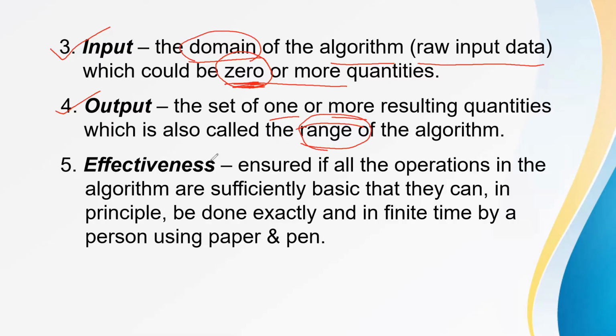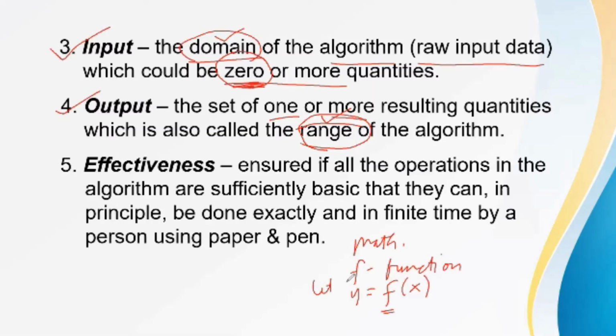Now, does it sound familiar, these 2 terms, domain and range? Now, recall in mathematics, when you call f a function, and then you say let y be f of x. Okay, this is a common notation in mathematics.